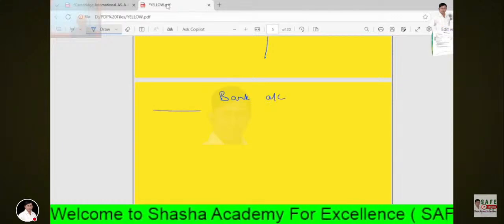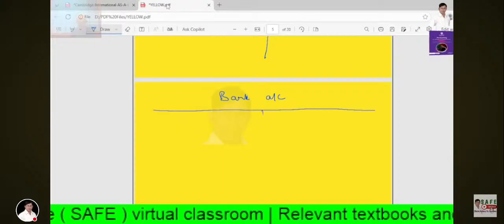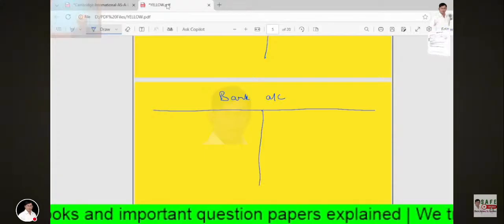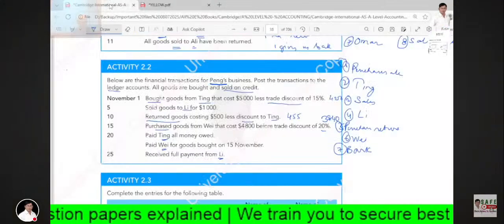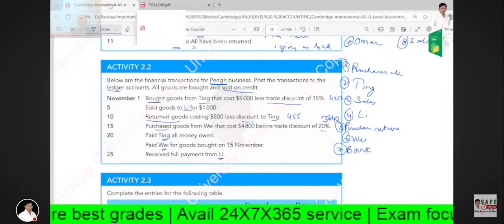Assume that all entries are made in bank, or you can write cash account also. We have to pay Tinge and V.